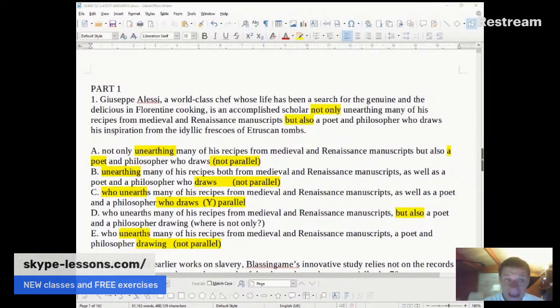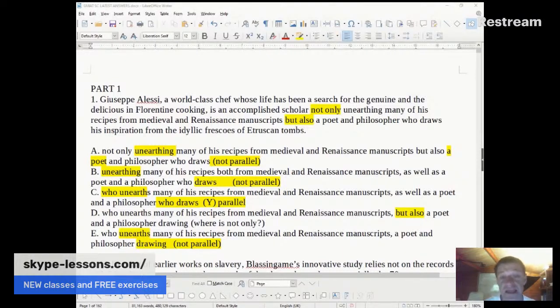Both elements, the X and the Y, in not only X, but also Y, must be equivalent. They must be the same kind of grammatical entity, either noun phrases or verb phrases.